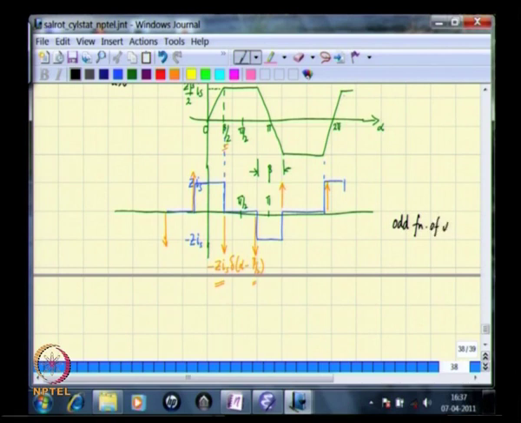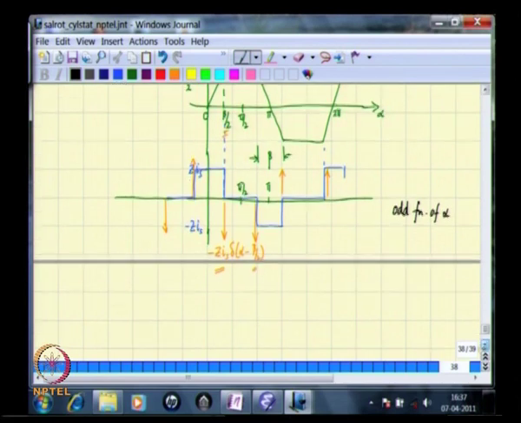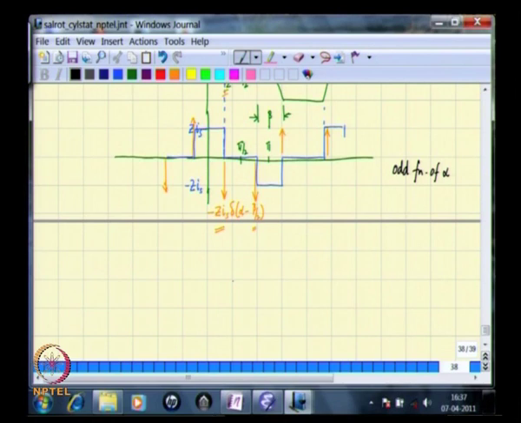of alpha, whatever occurs here is the negative of what is happening here, and therefore if we are going to determine the Fourier series of the impulse function, in that Fourier series we will have only sinusoidal terms, the cosinusoidal terms will not be there, and therefore this can be described as sigma of n equal to 1 to infinity Bn sin n alpha.